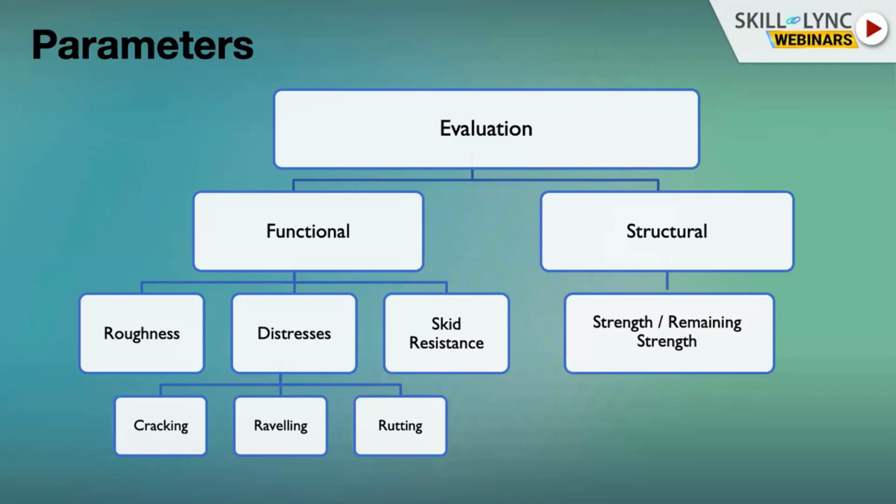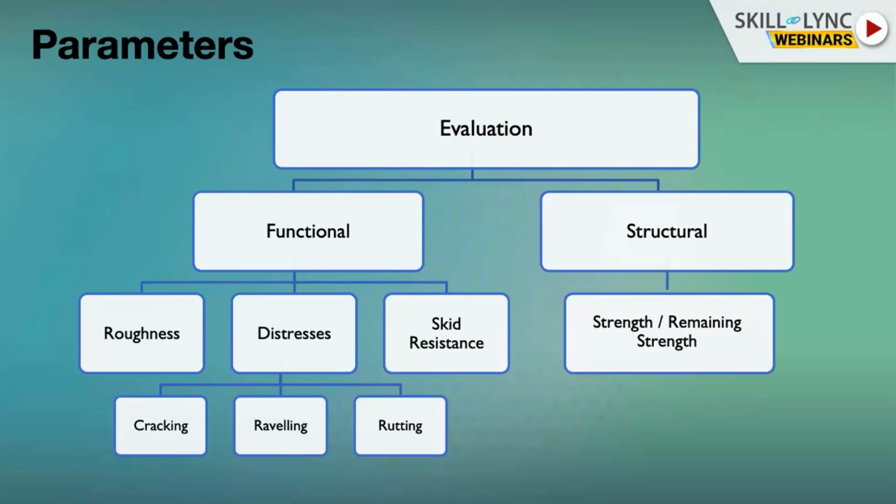If your roughness is very high, the journey is not smooth, it is bumpy. And if your roughness is less, your journey is smooth. So this is one parameter. And the next one is skid resistance. When I'm talking about safety, it comes under skid resistance. If the skid resistance of the road is high, then it is safer.